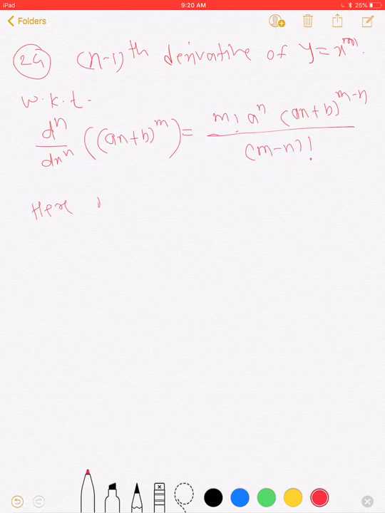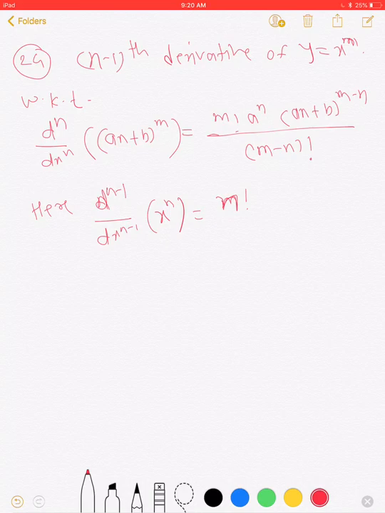Here we have to find the (n minus 1)th derivative. So the (n minus 1)th derivative of x raised to the n. Here the value of a is 1, the value of b is 0, the value of m is n. So this becomes m factorial, that is n factorial into a raised to the n.